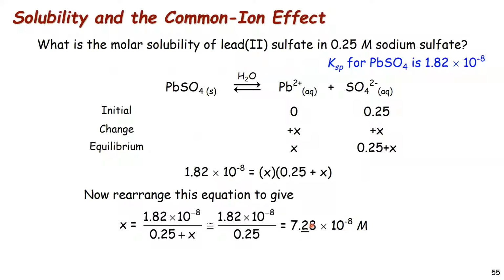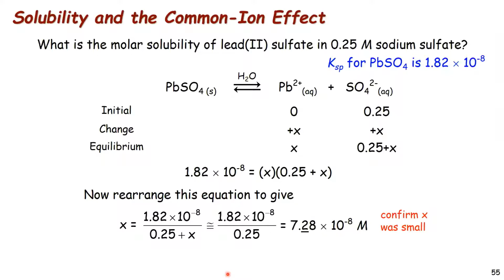You need to go back and check that your assumption was correct. And when we take 0.25 plus 7.2 times 10 to the negative 8, to two sig figs, I get 0.25. So our assumption was correct, right?